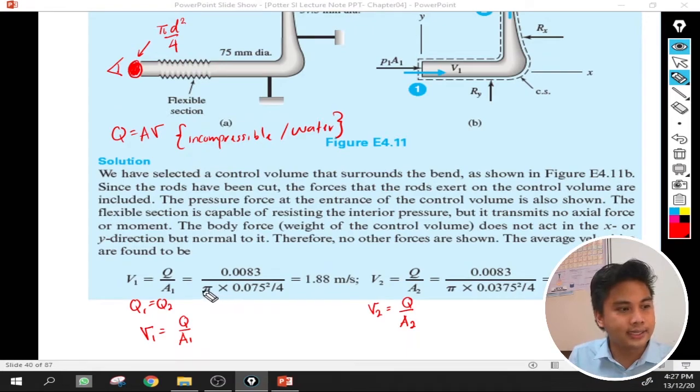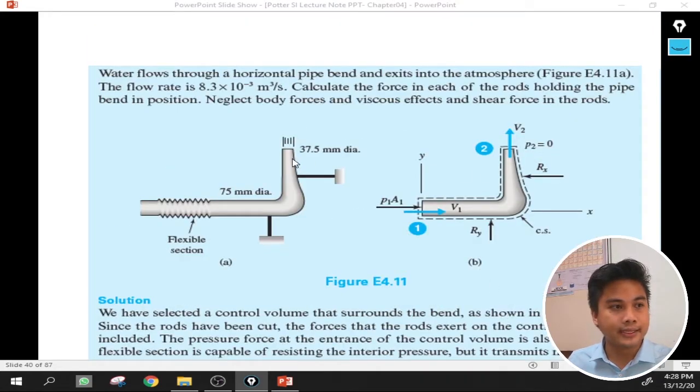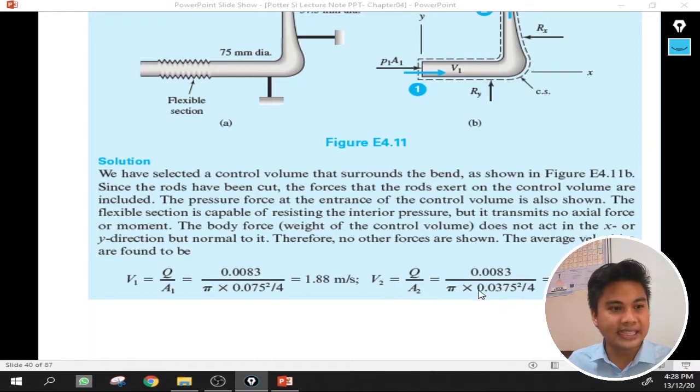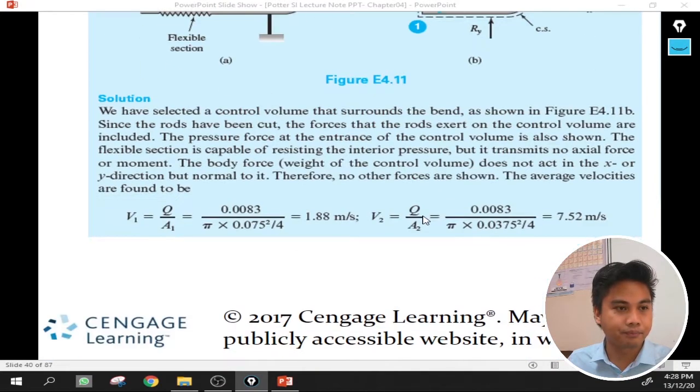So that's why this is pi, diameter is 75 mm, converted to meters, over 4. The same goes here for the area. This radius is 37.5 mm, so you need to use this radius. Do not use that radius, yeah? This area is different from this area.